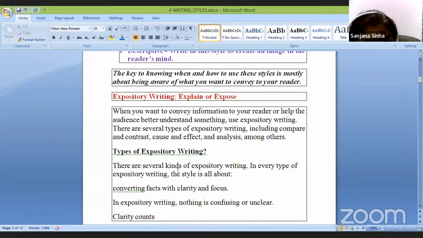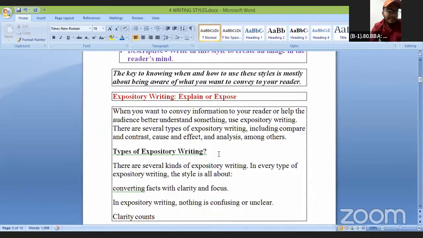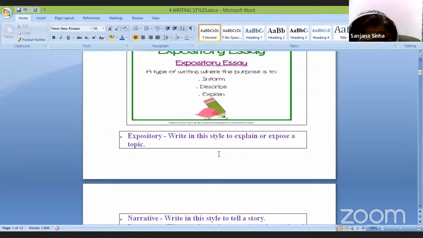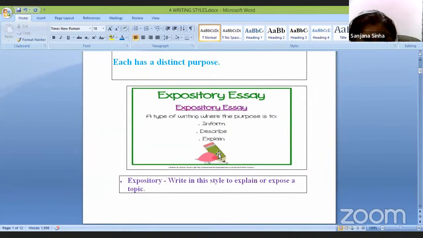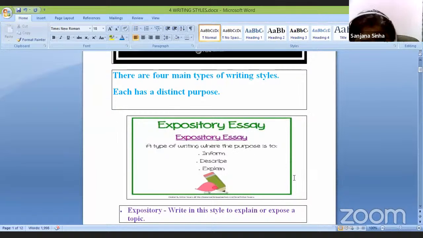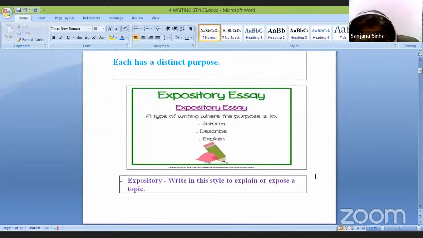What are the types of expository writing? What is the purpose of expository writing? And define what is an expository writing style. Isn't it? Okay. So the questions, the answers already have been given. Understood?